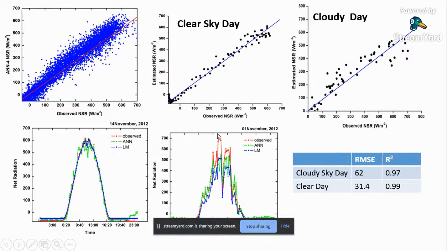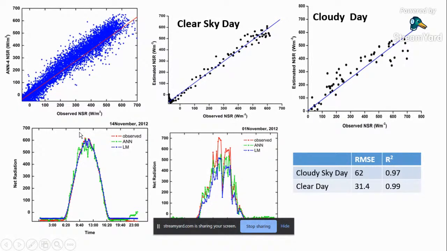I categorized the data into cloudy and clear sky days based on the net surface radiation. If net radiation follows a sinusoidal pattern, I declared it a clear sky day, and if it is zigzag, then we consider it a cloudy sky day. So our study area is divided into clear sky days and cloudy days based on this method.